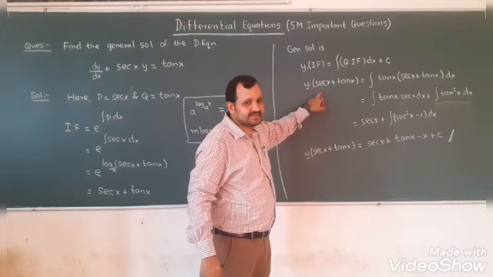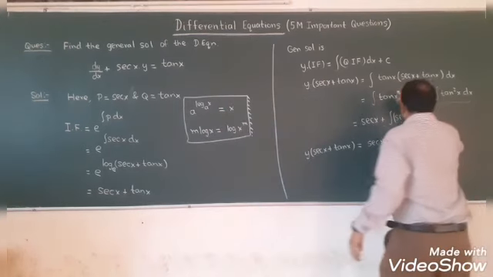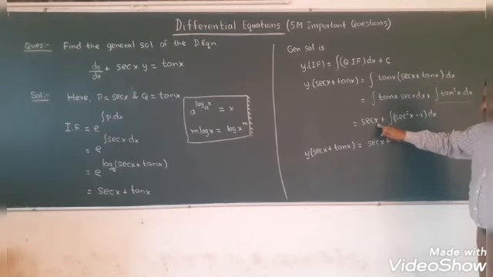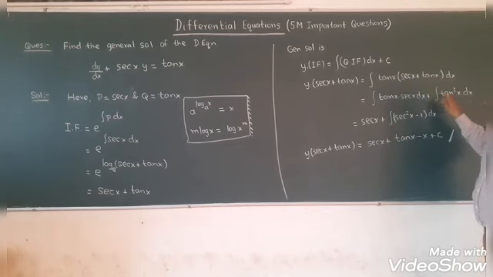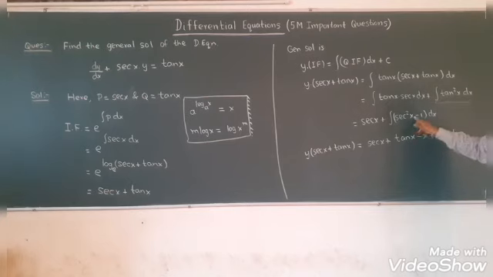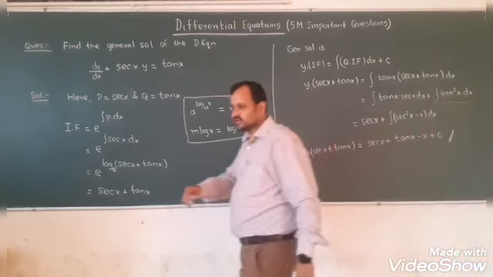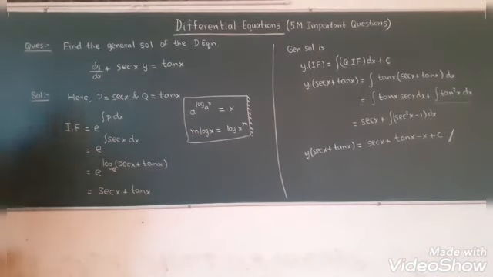So y into integrating factor is equal to integral of q into integrating factor. Tan x secant x, integral is secant x. Tan square x, we don't have a formula, but we can write it as secant square x minus 1. Secant square x integral is tan x, and 1 dx integral is x, so minus x plus c. So this is the required general solution. I hope the solution is somewhat clear.